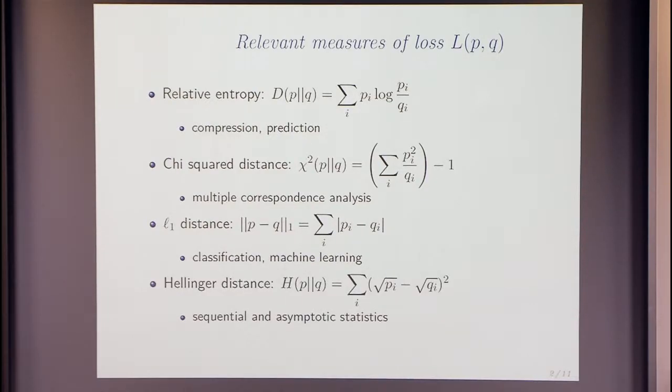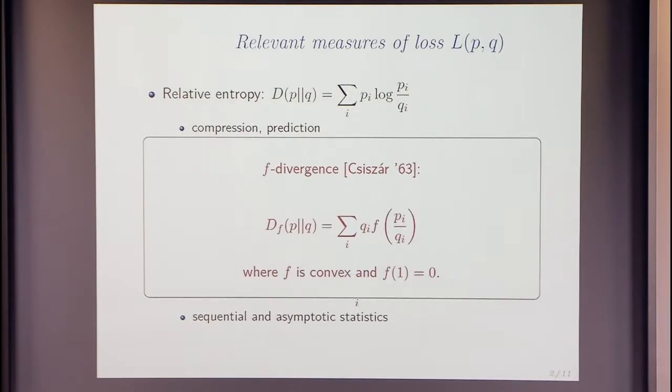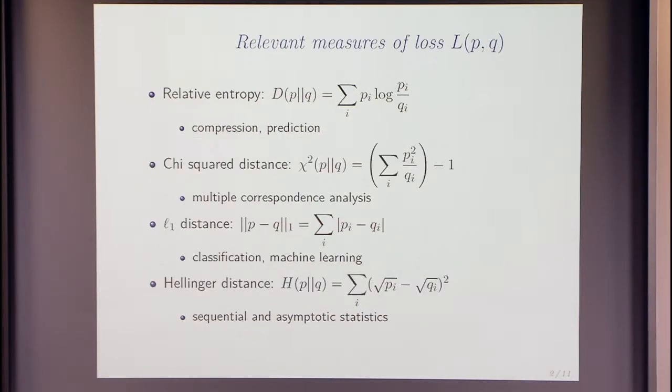I'm just giving you some examples. All of these notions of distance that I'm talking about here are actually special cases of the f-divergence by Csiszár. For any convex function f, where f(1) is 0, you can define a notion of distance between p and q given by this formula. And all the ones I just talked about are special cases of the f-divergence, although there are other notions of distance as well.